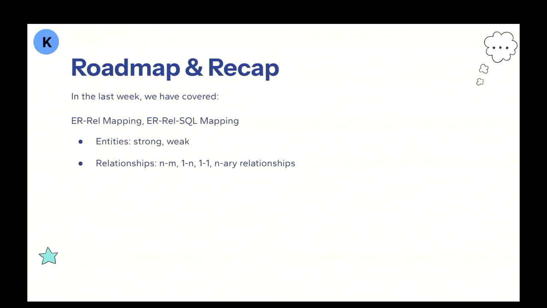Is it on the one side or the many side? Yes. The attributes of the relationship should be associated with the table of the entity on the many side of the relationship.